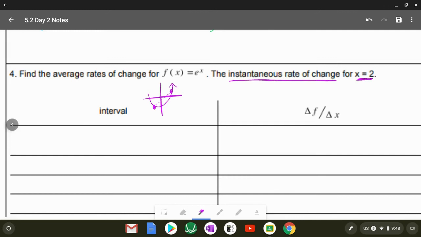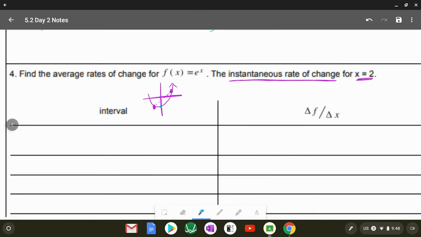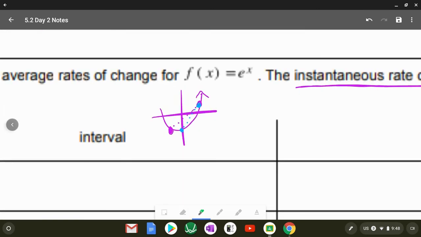Well, as I narrow the interval between those 2 points, we're going to start approaching what's called the instantaneous rate of change. If I get to an interval where these points are right next to each other, then that is almost the instantaneous rate of change, the rate at which the curve is changing at that exact moment in time.